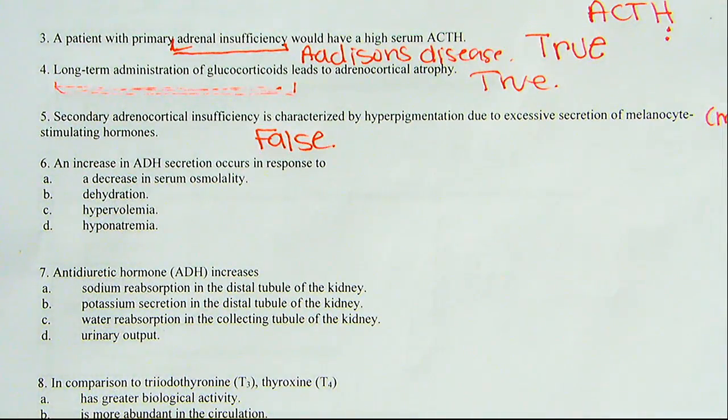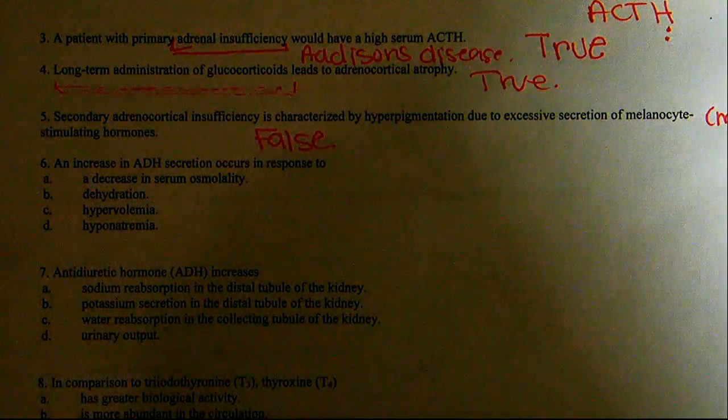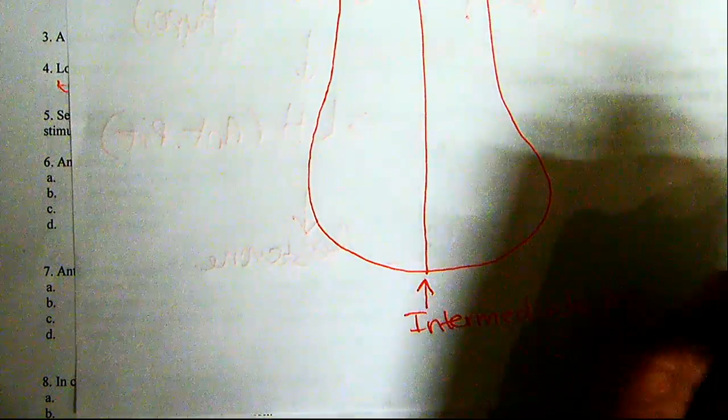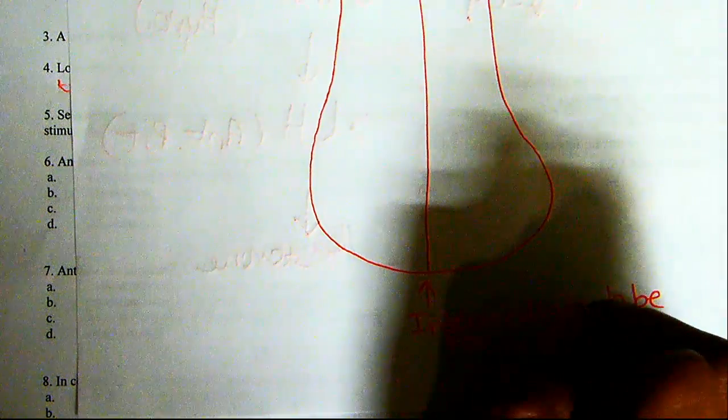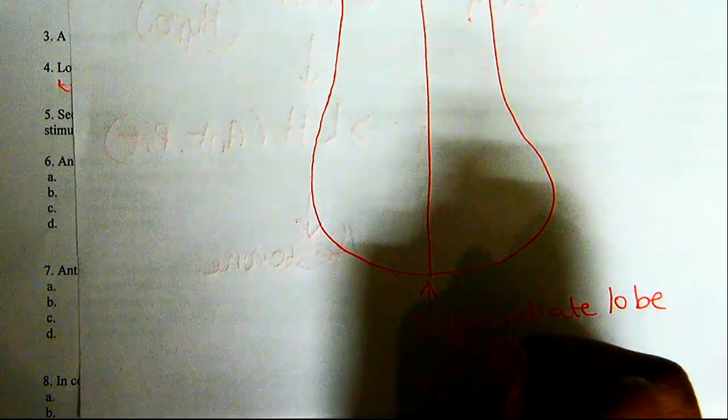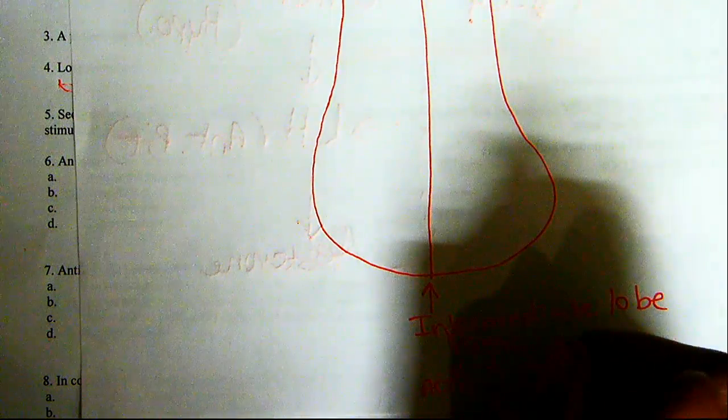So we saw hyperpigmentation in primary Addison's, right? So why we see that is because we have the pituitary gland. This is the intermediate lobe, and the intermediate lobe will secrete POMC. POMC is the precursor for ACTH, MSH, and endorphin.